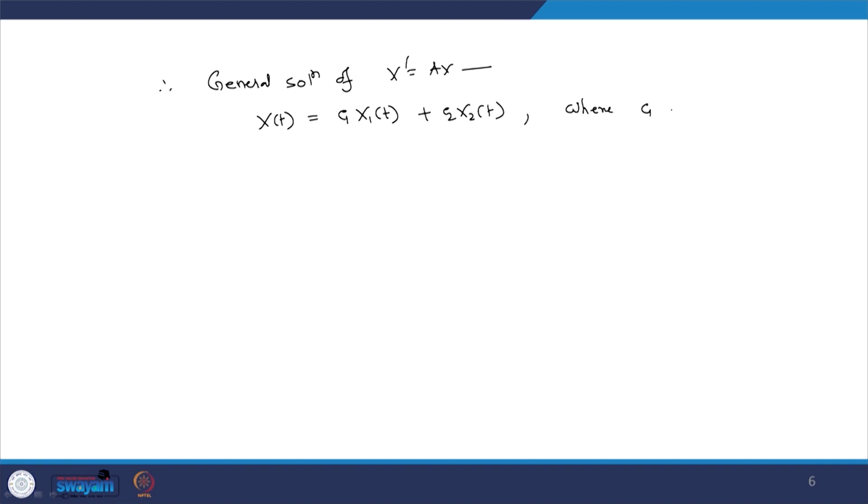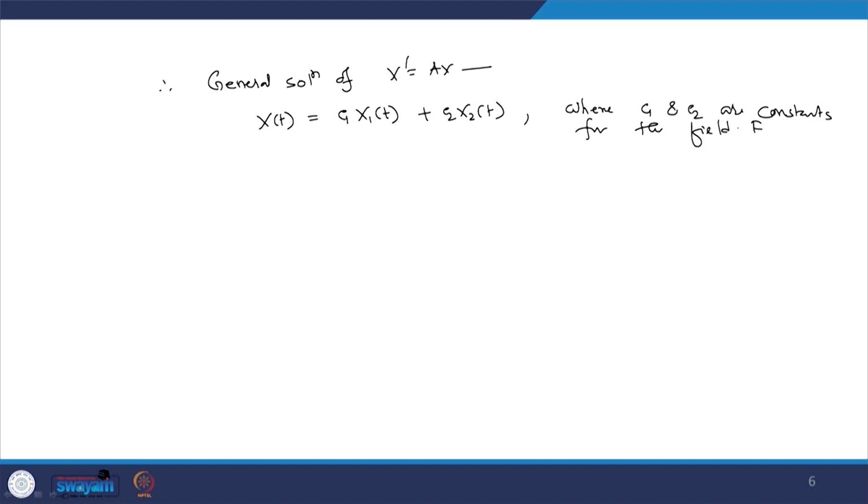So the general solution of x' = Ax for this system is X(t) = C1 x1(t) + C2 x2(t), where C1 and C2 are constants from the corresponding field, say capital F, over which the system is defined.